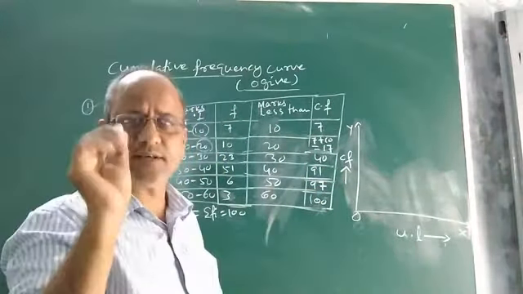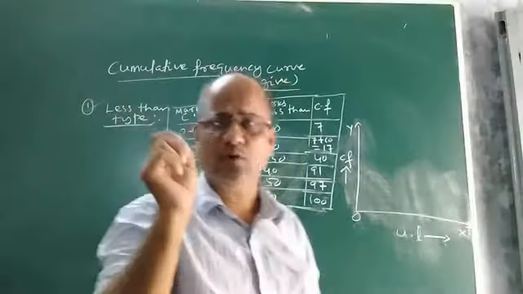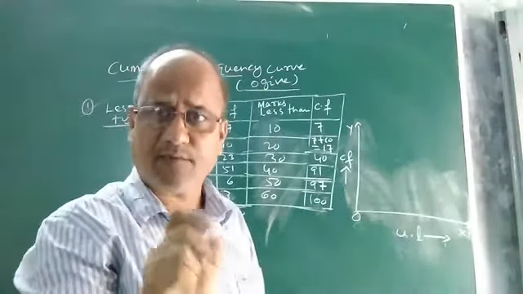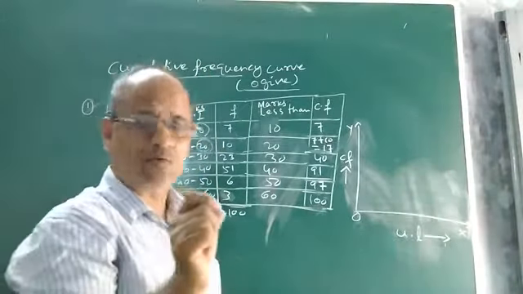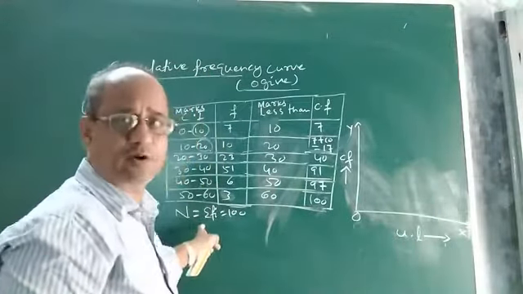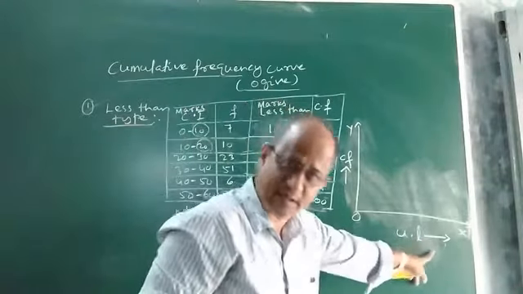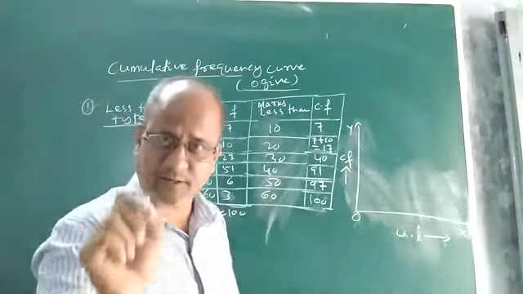So children, just remember one thing. In order to draw the less than type ogive or cumulative frequency curve, first what do we have to do? We have to take the upper limits of all the class intervals along which axis? The x-axis, on choosing an appropriate scale.